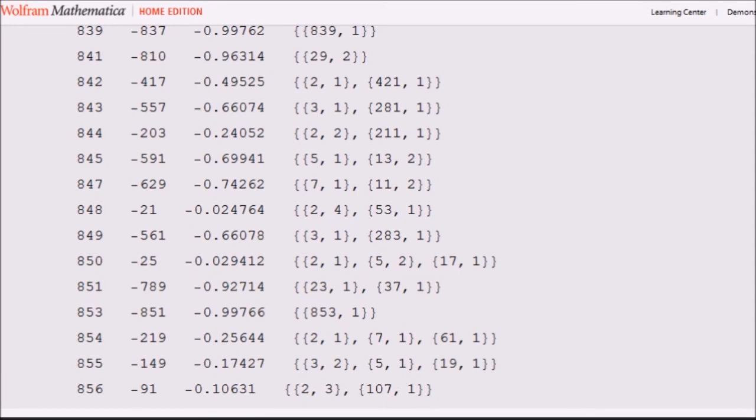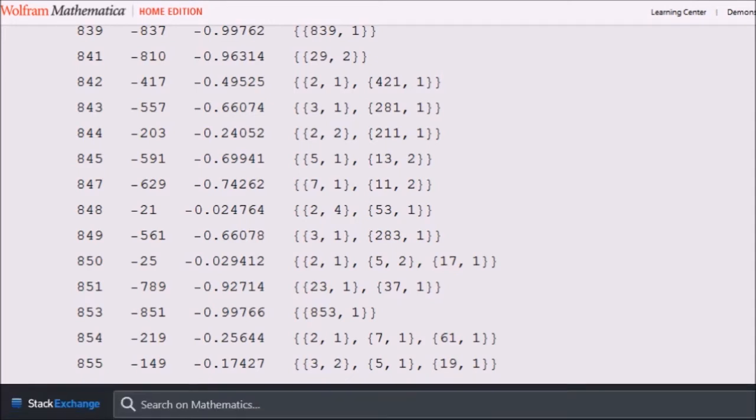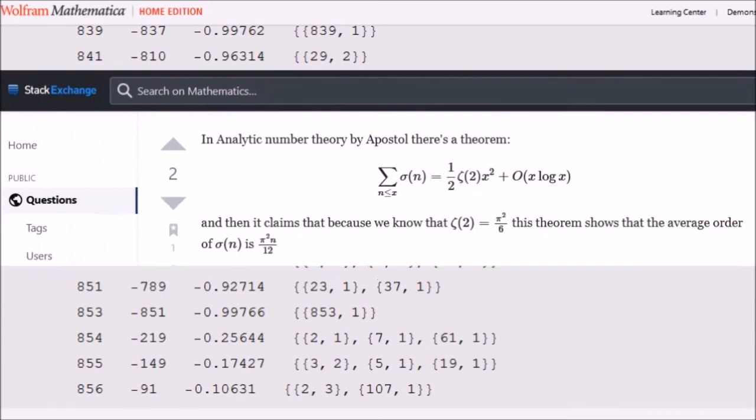Now I have an interesting combinatorial method of showing the following, but I'm just going to refer to what is well known from analytic number theory, and that is Apostol's theorem, which gives us the average order of the sum of sigma k for k equals 1 to n.